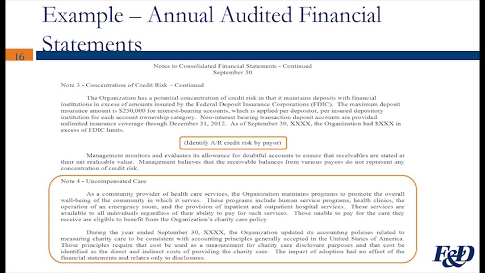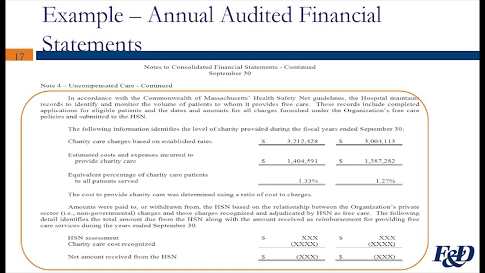Well, as we discussed earlier, charges really don't mean that much because you have a specific charge. It's then reduced by your contractual adjustment, and then further reduced by the amount that you don't expect to collect as bad debt.